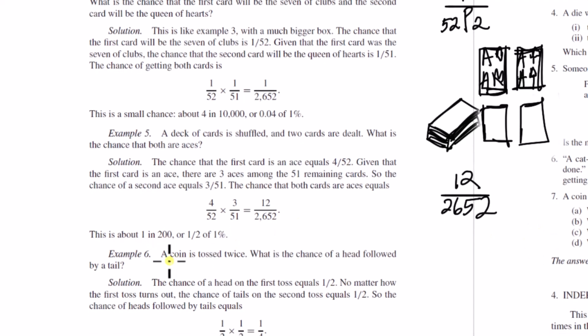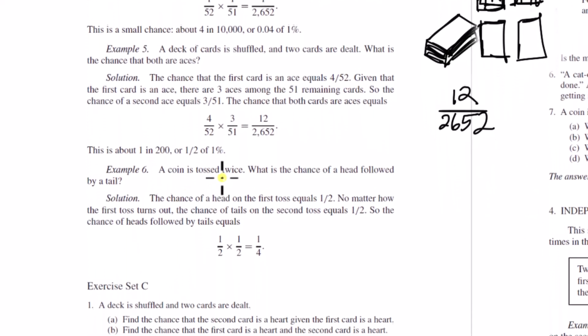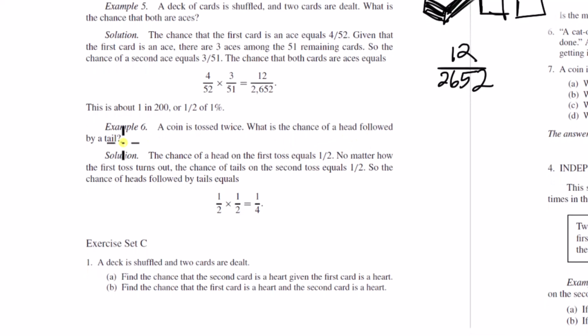And all they did here with the multiplication rule was, okay, there's a 4 in 52 chance of choosing an ace first. Then there's a 3 in 51 chance of choosing an ace second, because there's only 3 aces left.